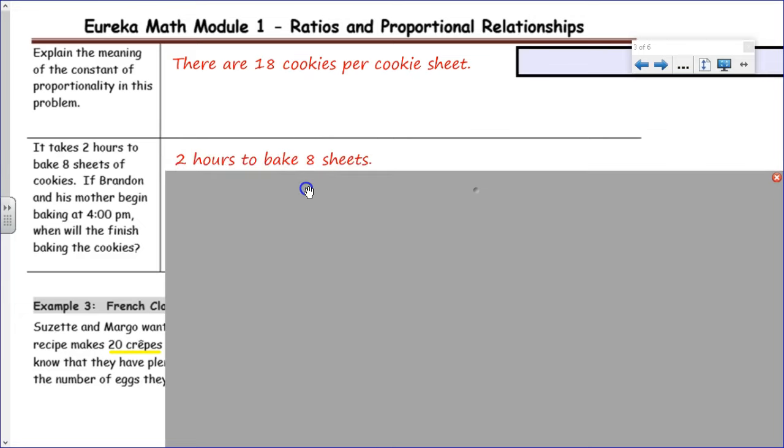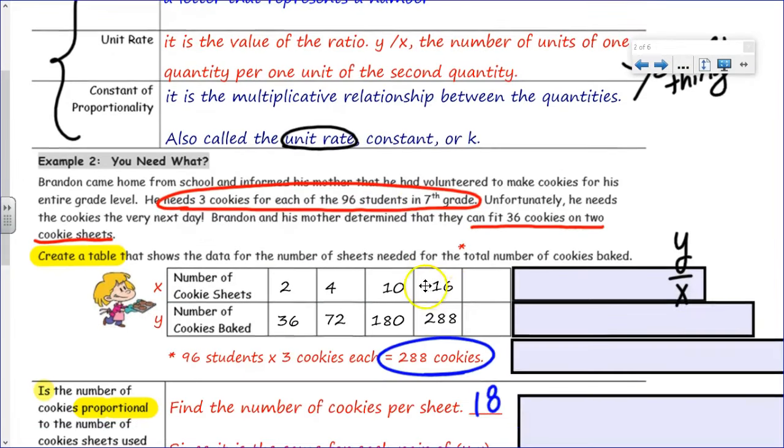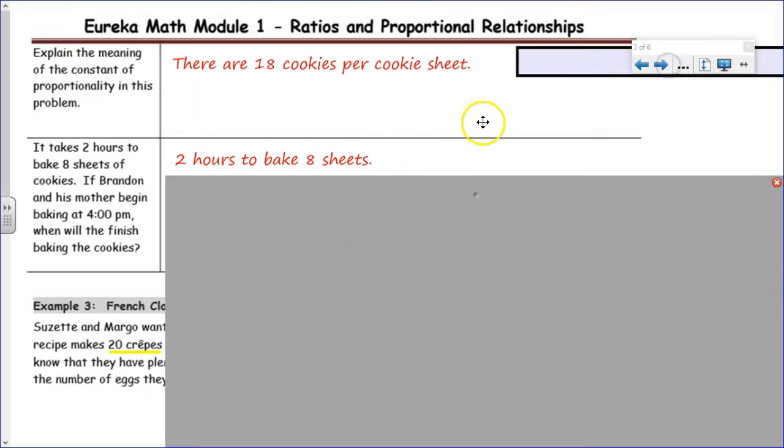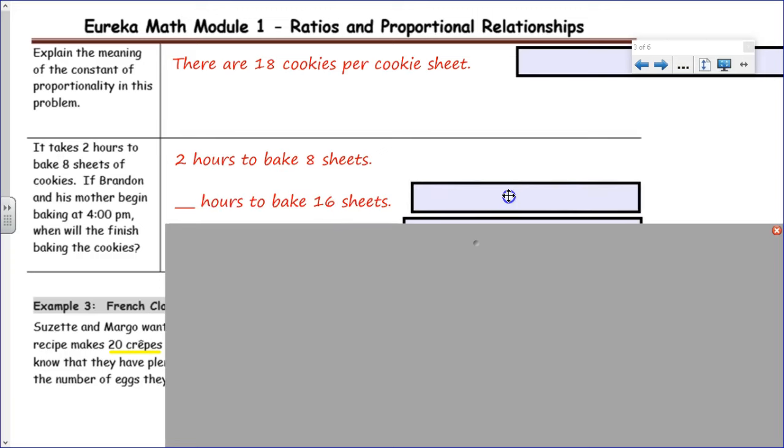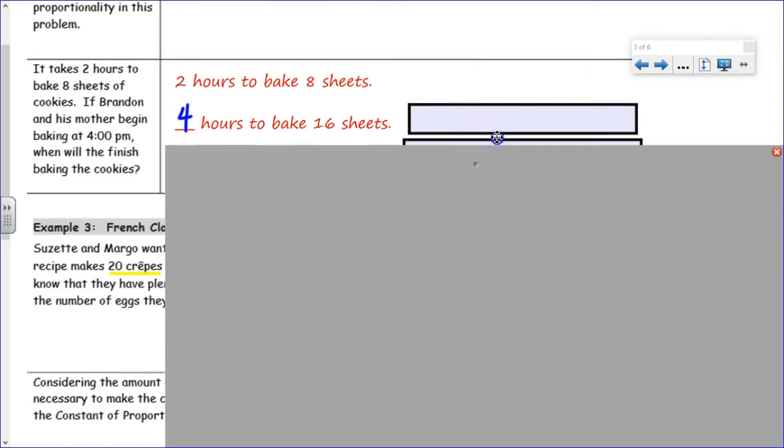Okay, how did you do? Did you write down, we know that it's 2 hours to bake 8 sheets, and if you go back, you know that I need 16 cookie sheets total, because that's the 288 cookies that I need. So if 2 hours gets me 8 sheets, then how many hours for 16 sheets? That would be 4 hours to bake 16 sheets.